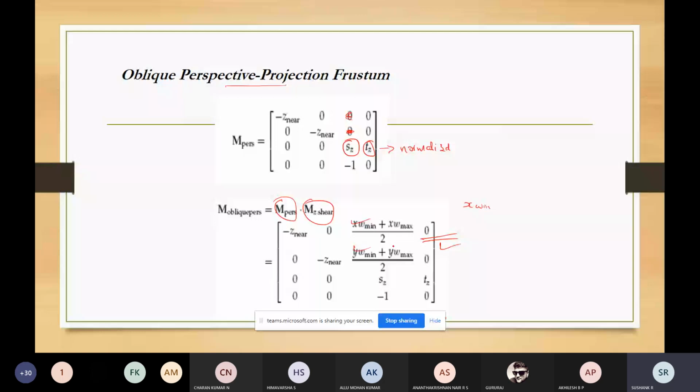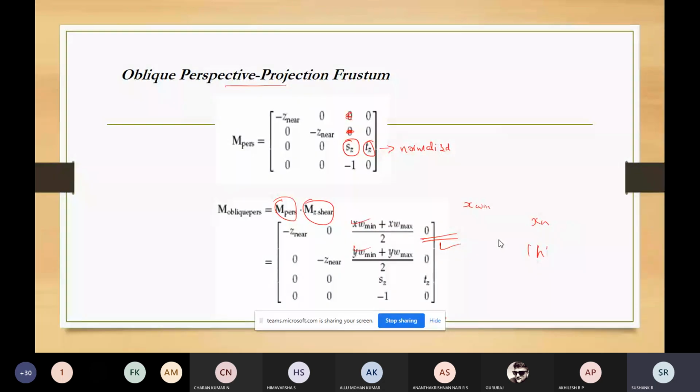So whenever we divide the homogeneous coordinates xh by h, yh by h, we can obtain the projection coordinates, the actual projection coordinates. So by using this perspective projection, we can transform all the points within the frustum view volume to a position in the rectangular parallelepiped view volume.